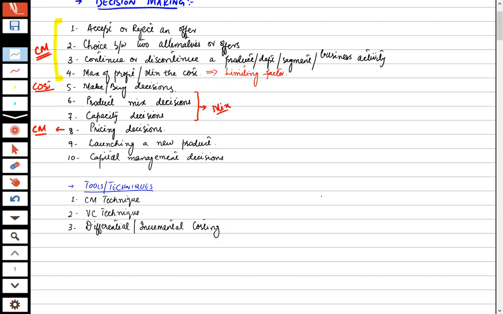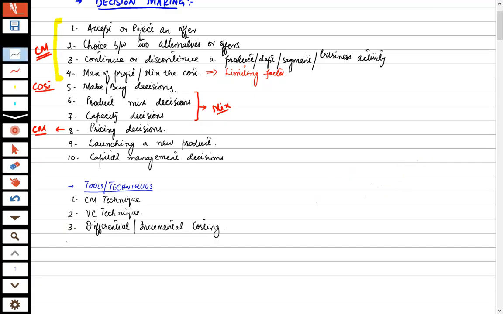Let's suppose I have to pay $100 for one material, and for buying from the market, I will see how much extra I have to pay. And if I am paying extra, am I getting a sufficient return for it or not? This is what is known as differential or incremental costing. We will see it in our practical questions as well.